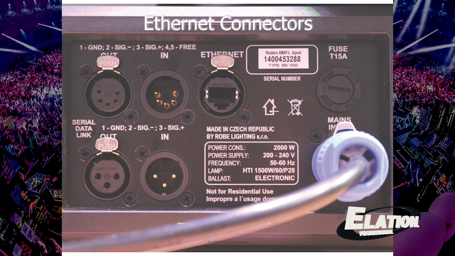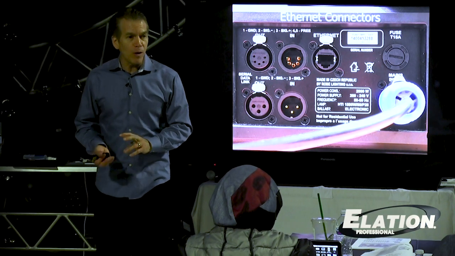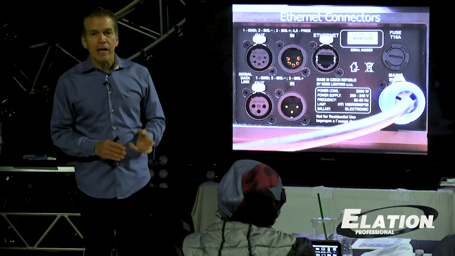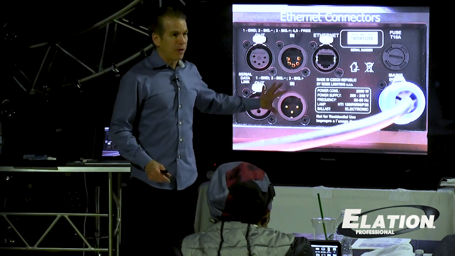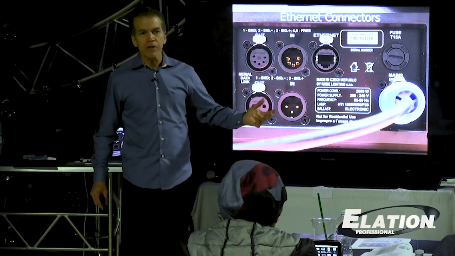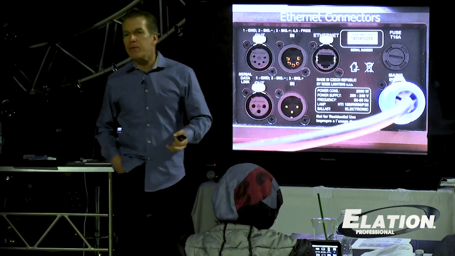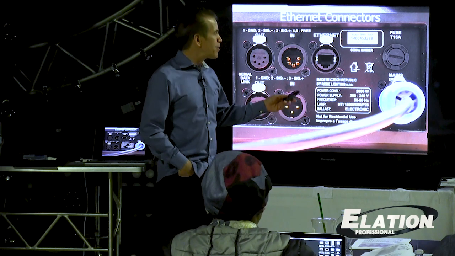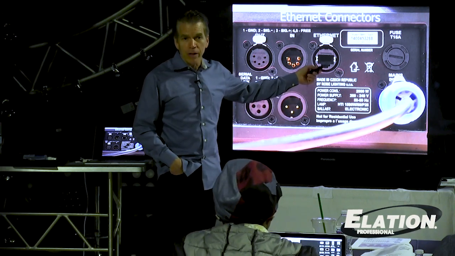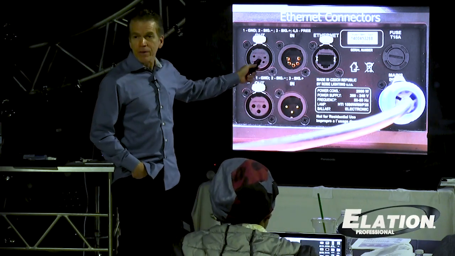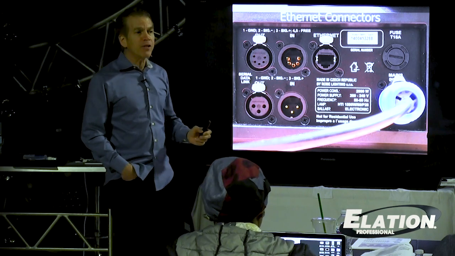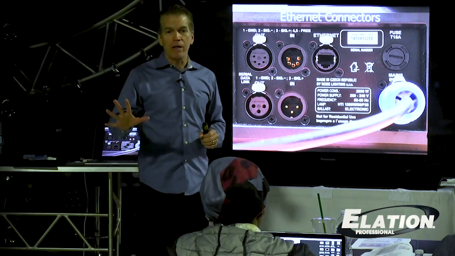A gateway is a protocol converter, and it converts between some Ethernet-based protocol like ArtNet or streaming ACN, and it converts it to DMX. So if you turn on the gateway in the fixture, then you're allowed to run some Ethernet-based protocol, ArtNet or streaming ACN, directly to the fixture, and then you can come out of it with DMX. So the advantage is you don't need an external gateway.